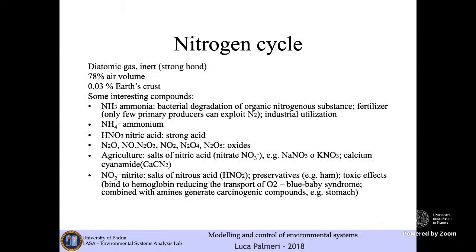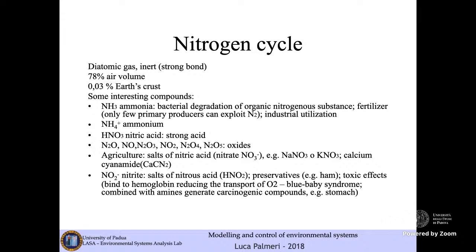Why are we focusing here on the nitrogen cycle? Why is the nitrogen cycle relevant? Because nitrogen in its gaseous form is a diatomic gas, and it is very inert, because you may recall that N2 has a very strong triple bond.